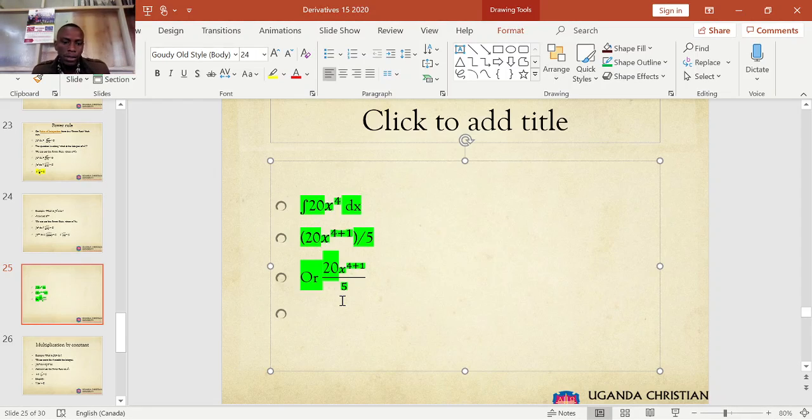This 5 will cancel into the 20, so it becomes 4x to the power 5.